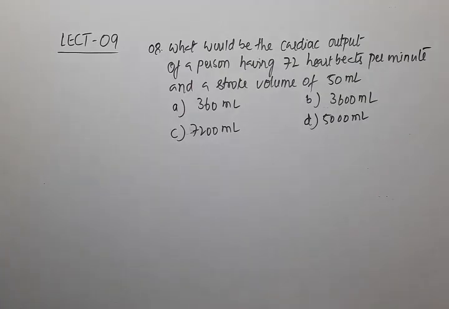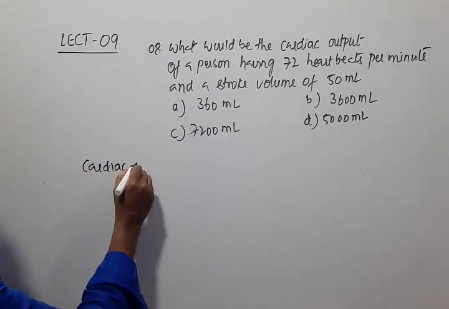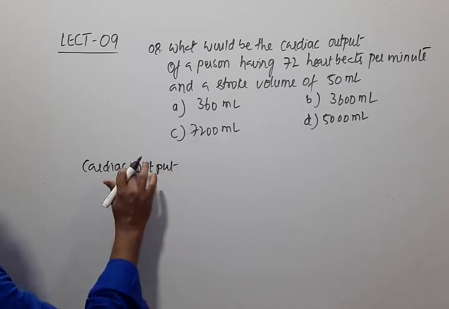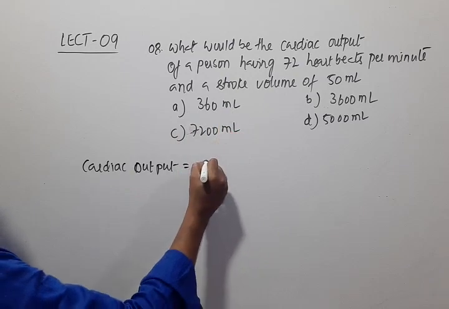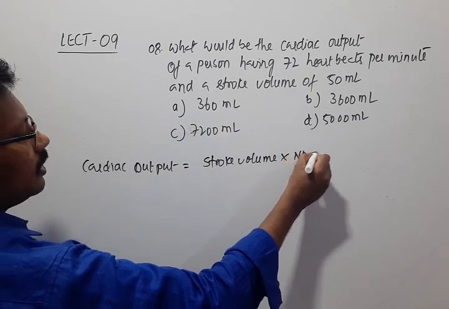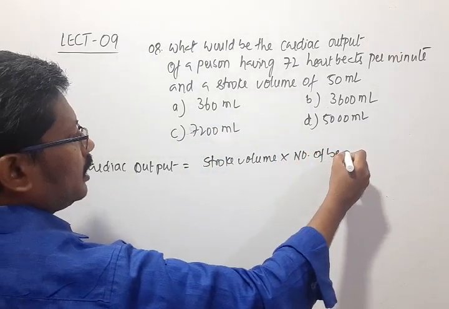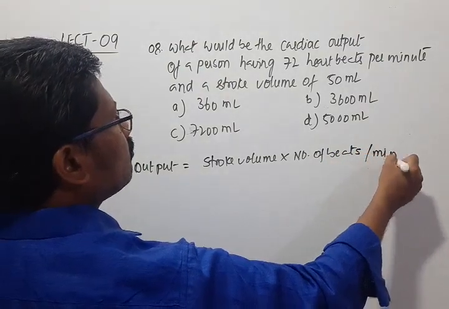Next question: what would be the cardiac output of a person having 72 beats per minute and a stroke volume of 50 ml? So we calculate the cardiac output as the stroke volume into the number of heartbeats per minute.